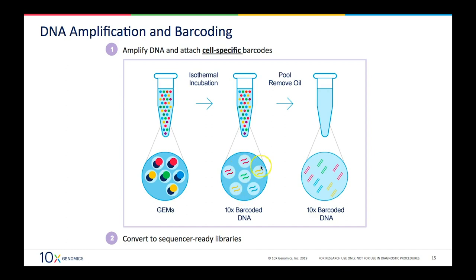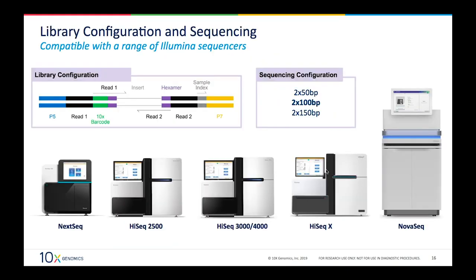Then once you have barcoded everything, you can break this emulsion and mix all of this DNA together, because now it has a unique molecular barcode that allows you to identify it when you're doing the sequencing. By following the steps in the user guide, you can convert it into a sequencing-ready library that is readily going onto your Illumina sequencer.